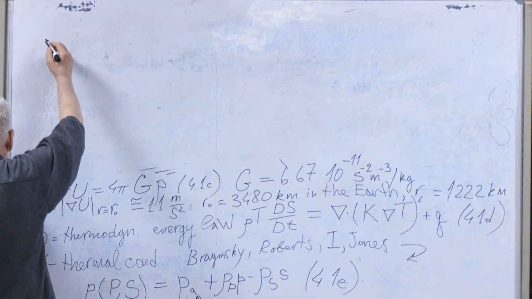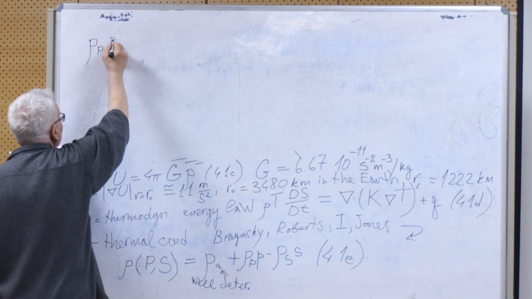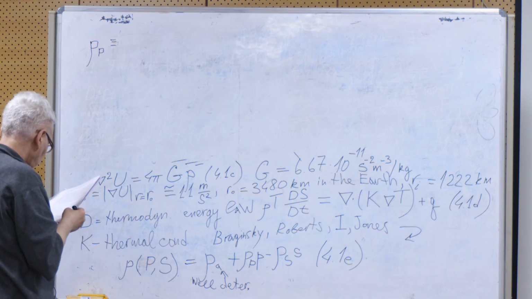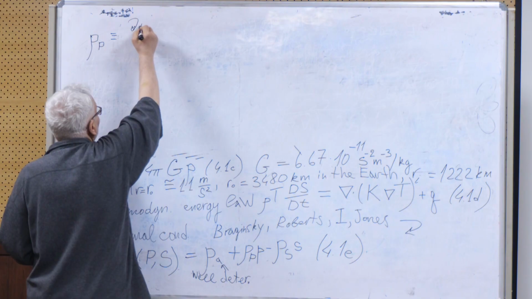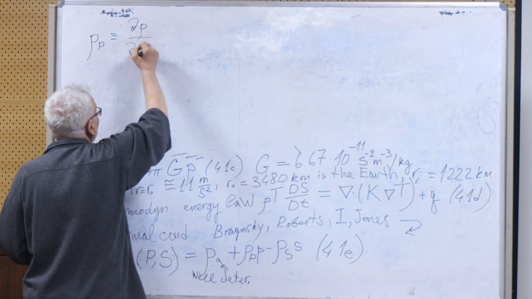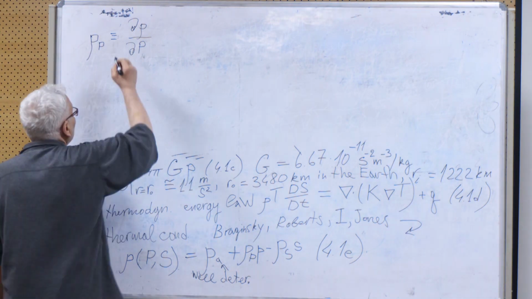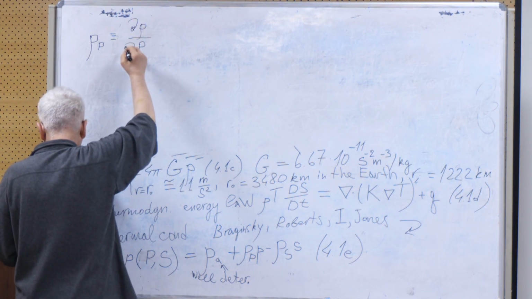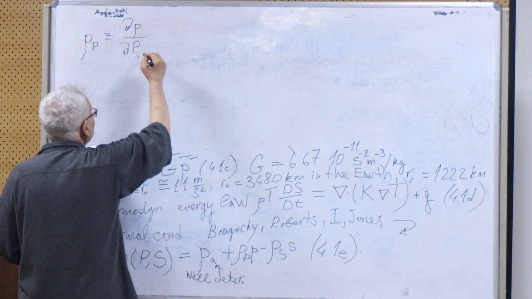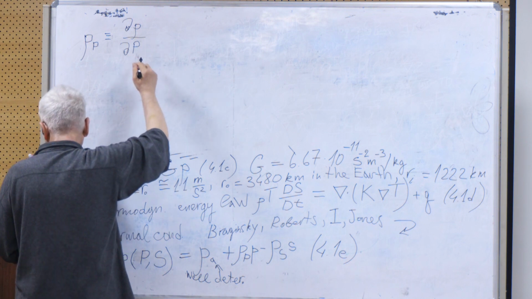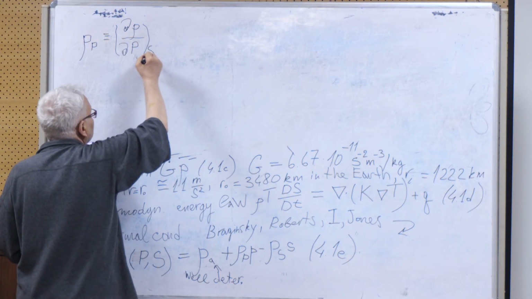So this rho p is actually identically equal to d rho by dp at constant s. In the condition of constant s, usually it's written like that.